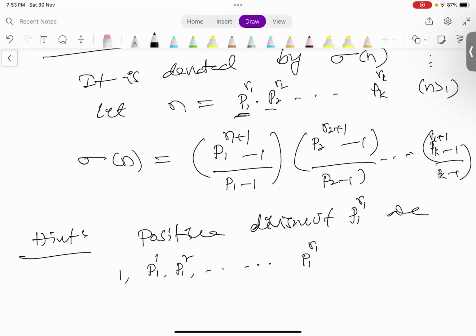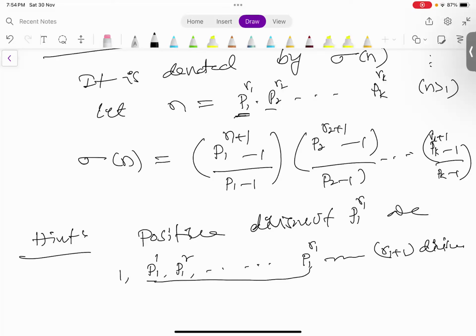So 1, p1 power 1, p1 power 2, up to p1 power r1. How many divisors are there here? There are r1 plus 1 divisors.